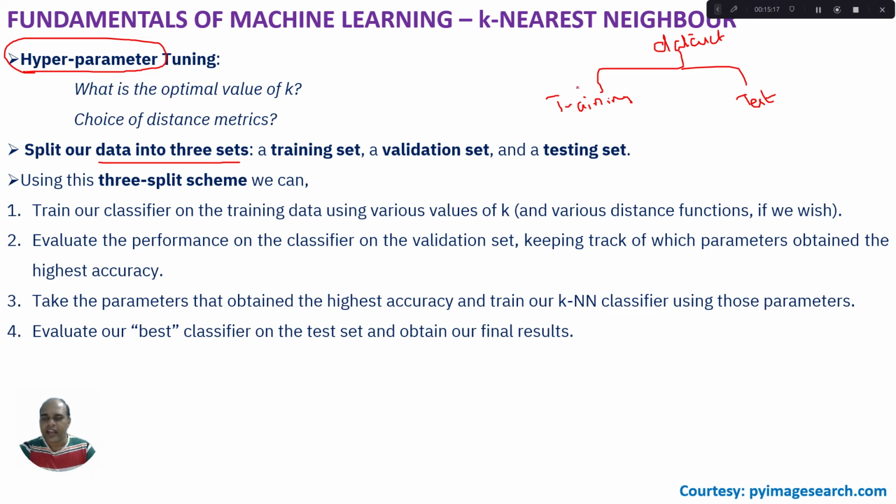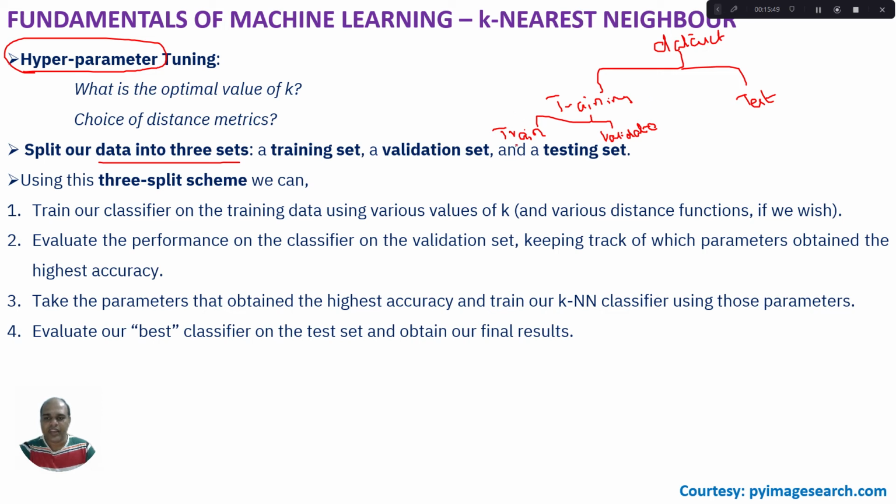Training data is used for teaching a machine, whereas test data is for evaluating the machine. Now, in order to do hyperparameter tuning, we further divide this training data into two categories: training data and validation data. So now I have three sets of data: training, validation and test data.